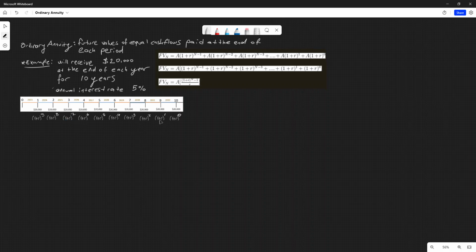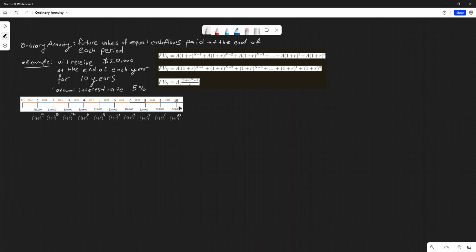So it goes on, and at the last point, at the end of 2032, you will receive $20,000 on the final day of 2032, which is 31st of December 2032.